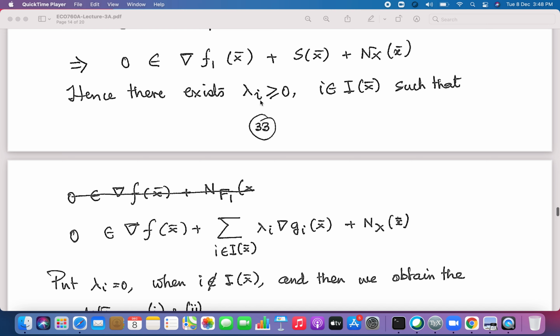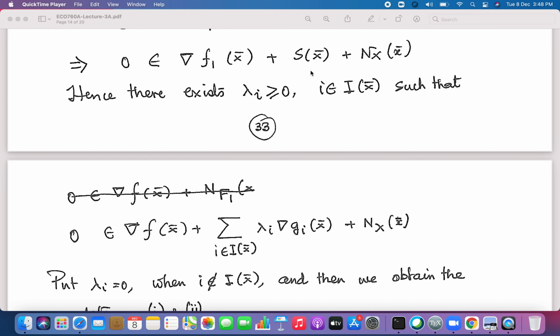So I cannot say all lambda i's, but some lambda i's will generate this element, with i varying over I(x bar), such that when I add this to the gradient and then the whole sum is added to the normal cone to X at x bar, that new set must contain 0.